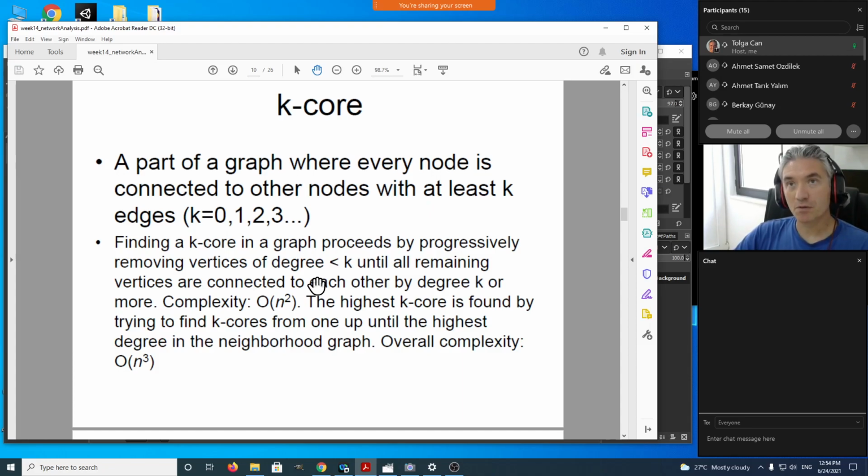So if a node belongs to a maximum of 2-core, it's not counted as a maximum of 1-core. These are mutually exclusive lists, so you can check whether your output is correct by summing. The summation of all these numbers should give you the initial number of nodes, vertices in your graph. And you are going to continue this until the maximum value of k that can be attained in your graph.